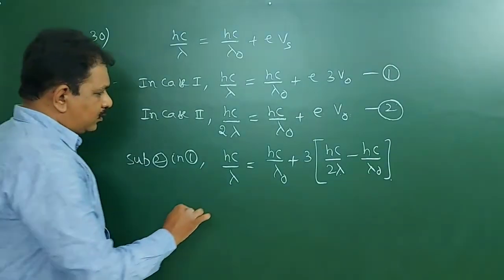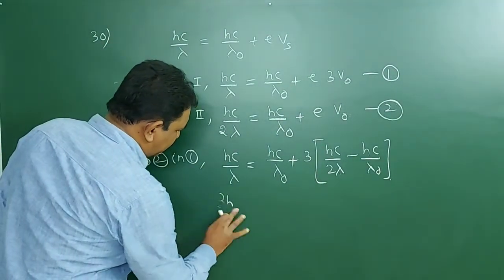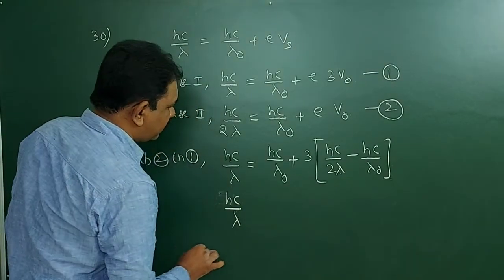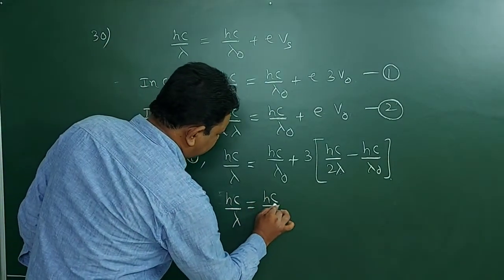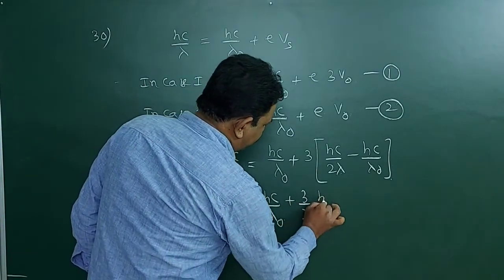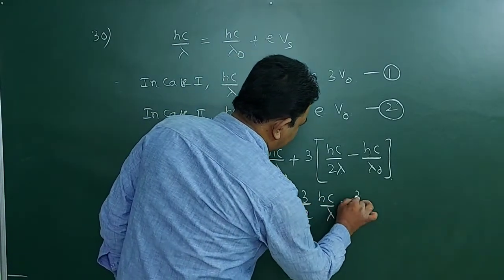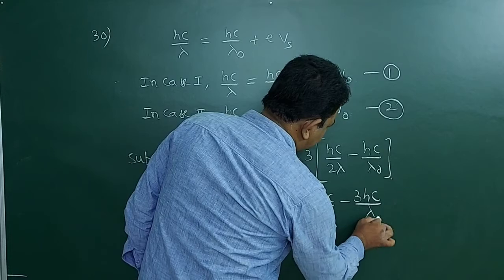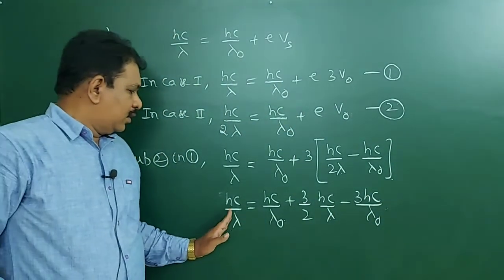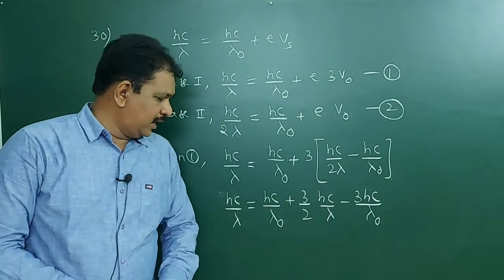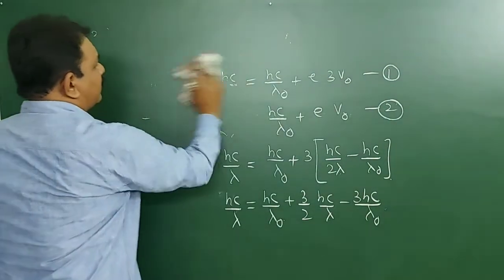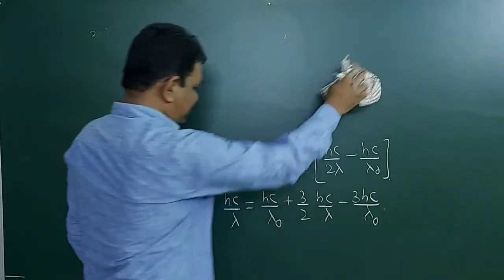So hc by lambda is equal to 3 by 2 hc by lambda minus 3 hc by lambda naught plus hc by lambda naught. Bring this to this side; what will we get? You can do it either way.